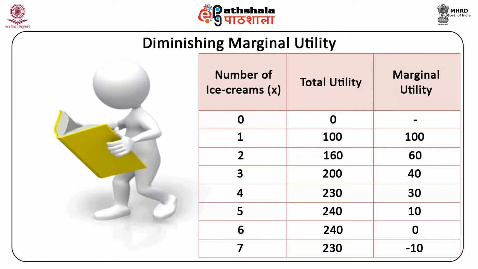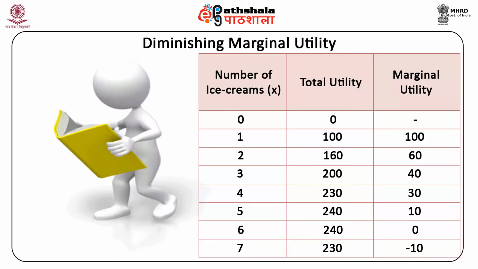Another very basic example is water. Suppose you are extremely thirsty after returning home on a hot summer afternoon. The first glass of water you drink gives you immense satisfaction as it quenches your thirst. The second glass also gives you satisfaction with its cooling effect, but it is less valued than the first glass.